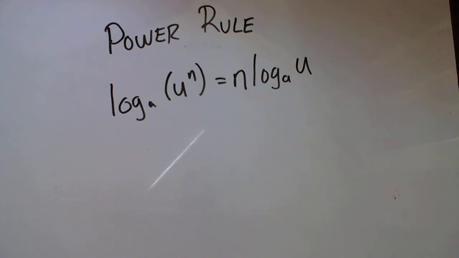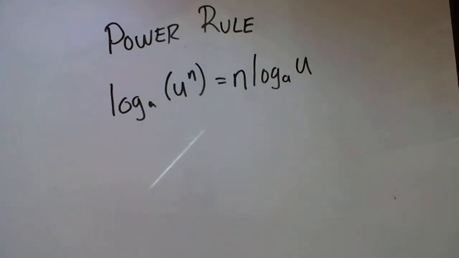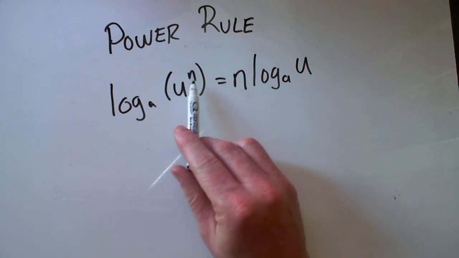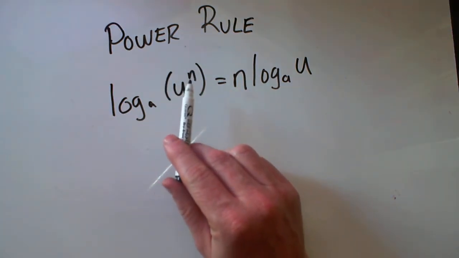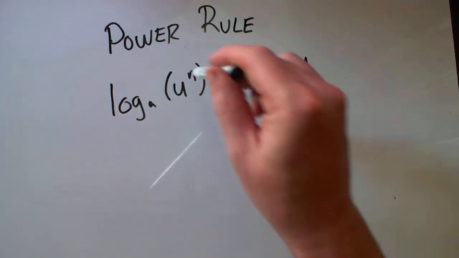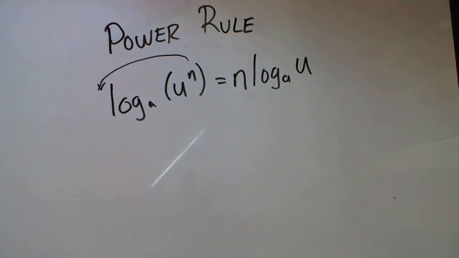The next rule that we are going to look at: log base a of u to the n equals n times log base a of u. In other words, if we have something to a power inside of our logarithm, we can swing that n down and make it into a coefficient.